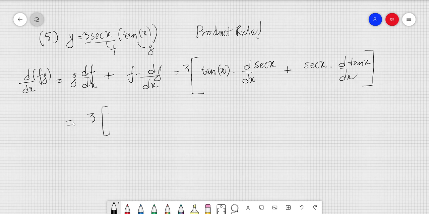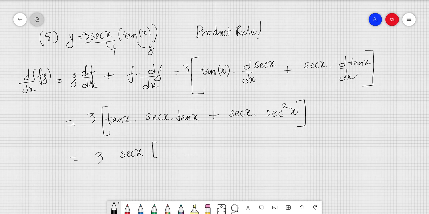So 3, we have tan x times the derivative of sec x, which is sec x tan x, plus sec x times, if you look at the formulas that we talked about earlier in this video, the derivative of tan x, which we can find is sec squared x. Now if you simplify this, we'll have sec x common, and in the bracket we will have tan squared x plus sec squared x.